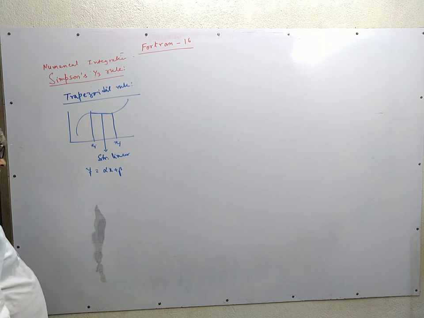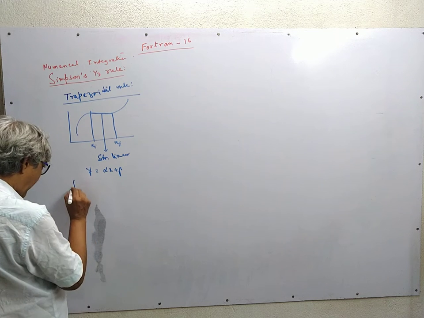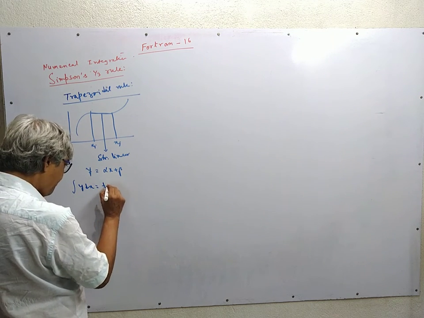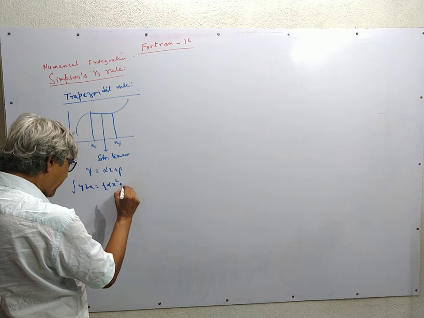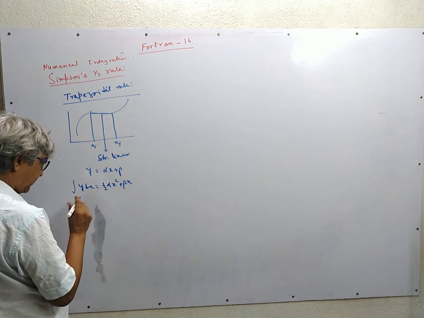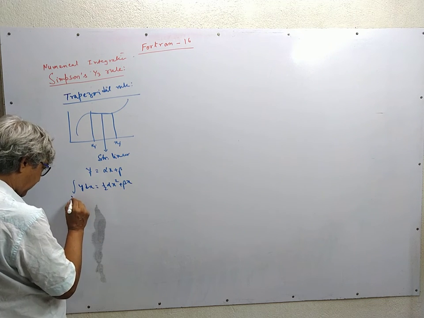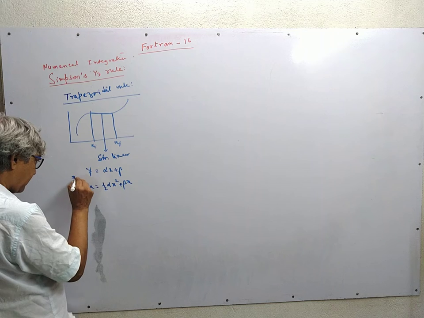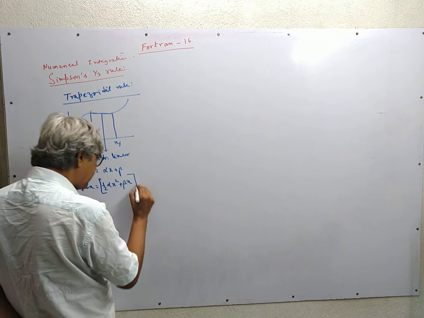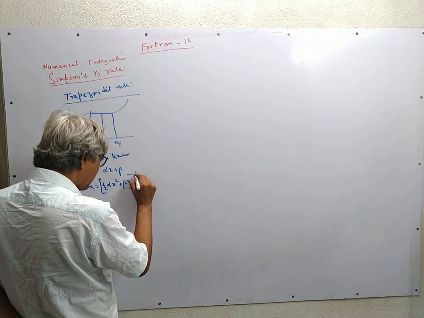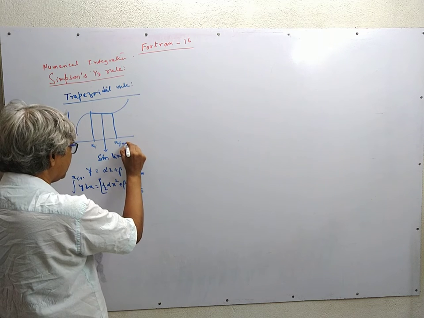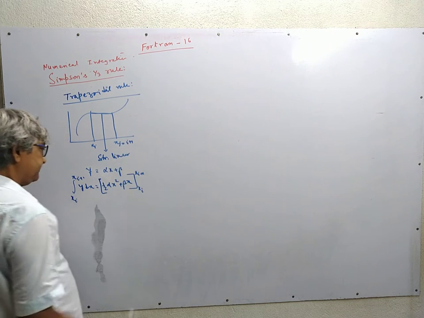If we integrate y dx, we get half alpha x square plus beta x. So to know the integration, two conditions are needed. We use the two conditions as the two consecutive values, so that xj is equal to xi plus 1.